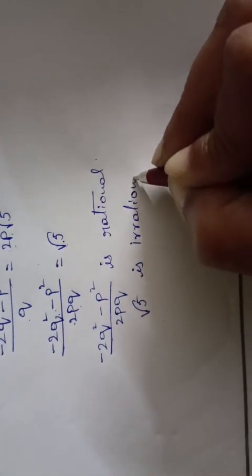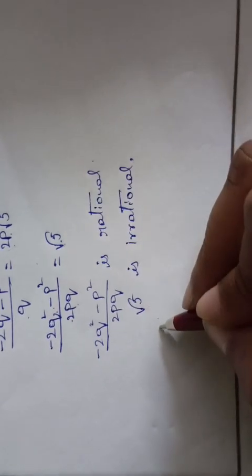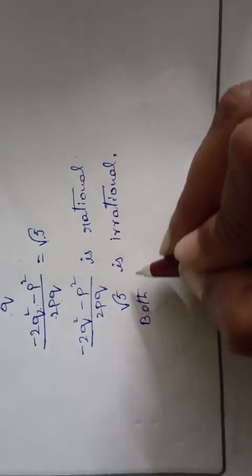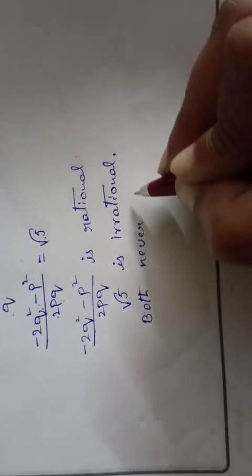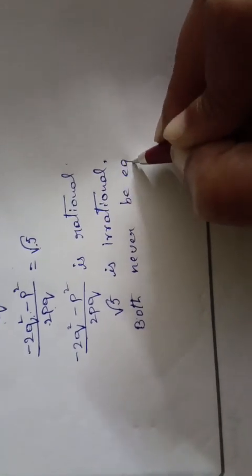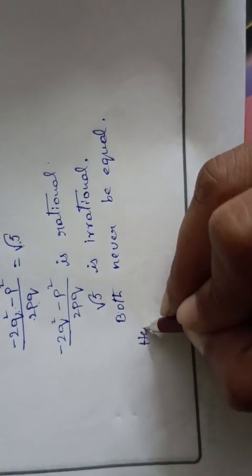Rational and irrational can never be equal. Hence our assumption is false.